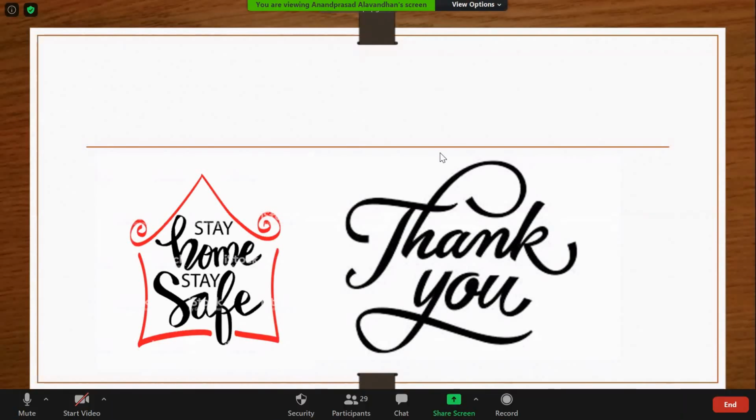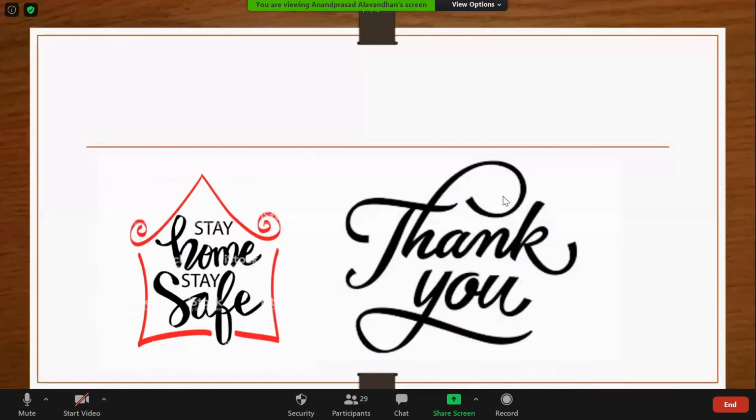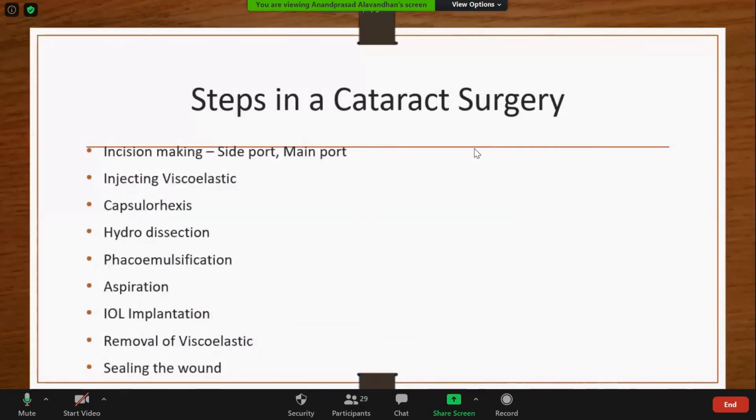Definitely I'll do that. In the next session I will mostly do a session only on the biometry reports and also the biometer, the different types of biometers. If in case they are having any doubts, we can connect, ask for doubts and then have a discussion.